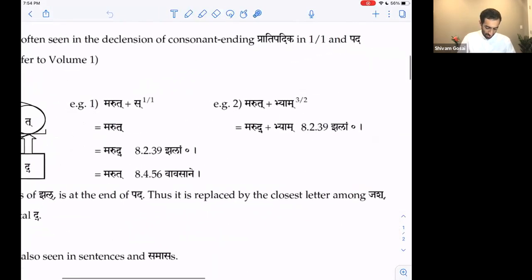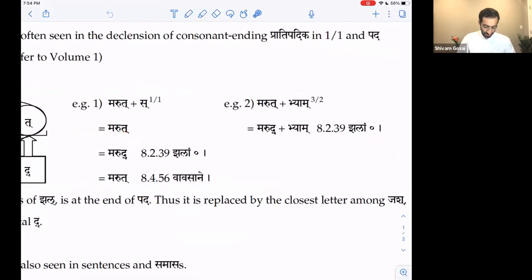So marut becomes marud. Now, this rule we haven't seen yet, but it can optionally be marut also. That's why you get two forms, marud or marut, in 1-1. We will see this sandhi rule in the next class, but I want you to just point that out. Why does it become marud? Because of this rule, jashtvam, but optionally it can go back and become hard, and that's optional. So both forms are possible in 1-1.